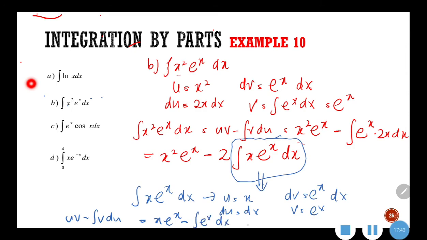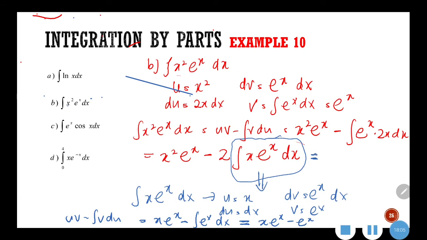Yang ni ada masalah tak? Integrate e to the power of x, no more problem. You integrate e to the power of x, you will get e to the power of x back kan. So we have x e to the power of x minus e to the power of x. Okay, so finally kita boleh dah lah substitute kat sini.